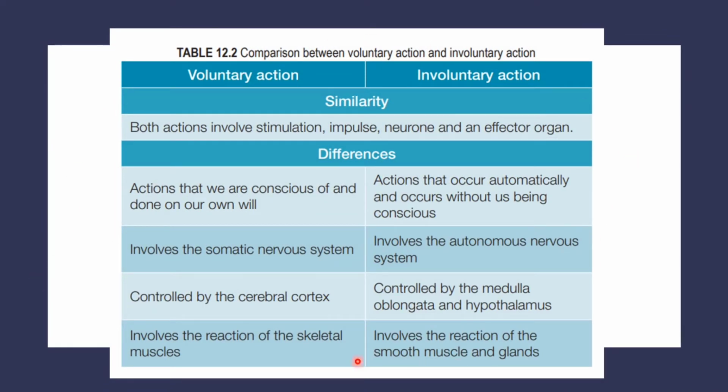This table shows a comparison between voluntary and involuntary action. So what is the similarity? Both actions involve stimulation, impulse, neuron, and an effector organ. What are the differences? There are four differences shown in this table.